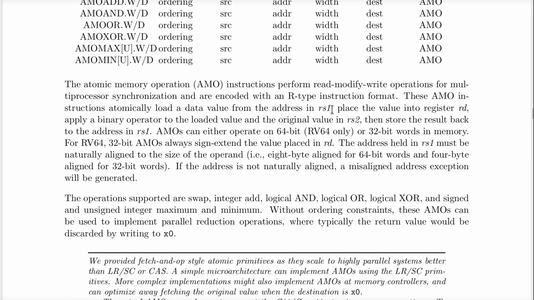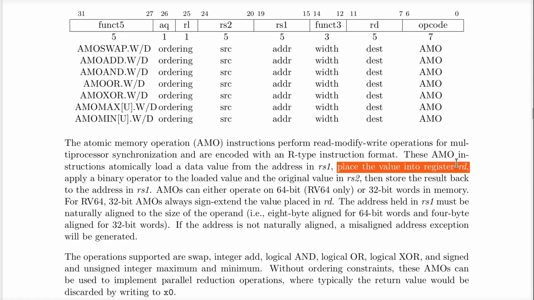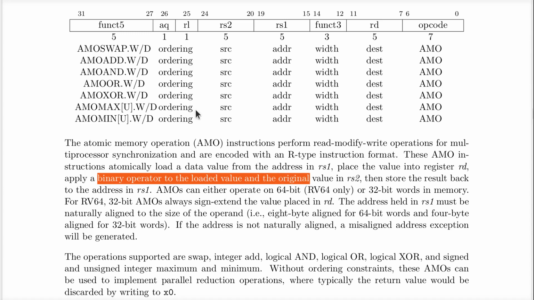Now, if you read through here, you'll notice that it says, like, I'm going to load the data value from the address in RS1, okay? It's going to be placed into the destination register. Then it's going to apply the operator. In this case, we're not going to do anything.